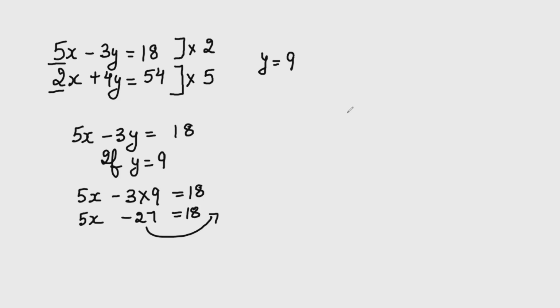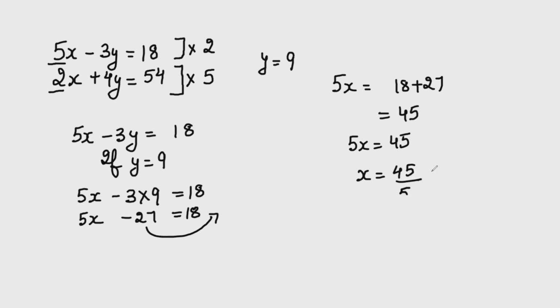If we take 27 to this side, we get 5x is equal to 18 plus 27, which is equal to 45. So x will be 45 over 5, which is equal to 9. So the value of x is 9 and the value of y is 9.